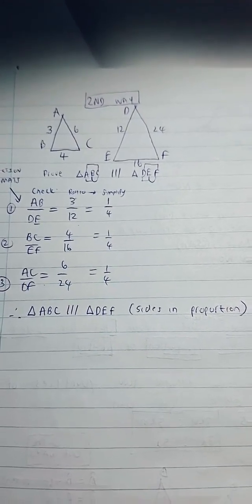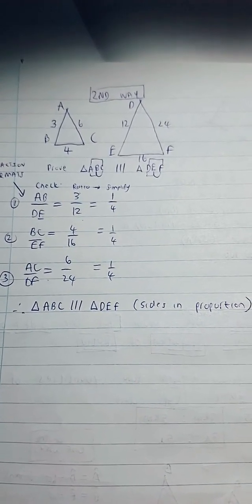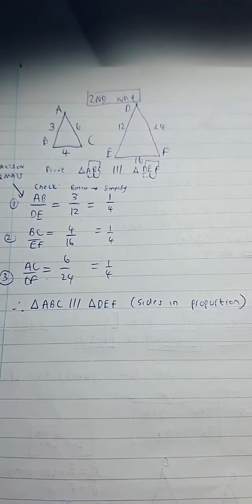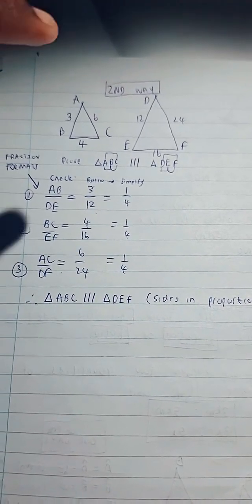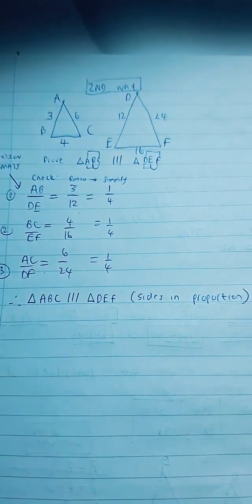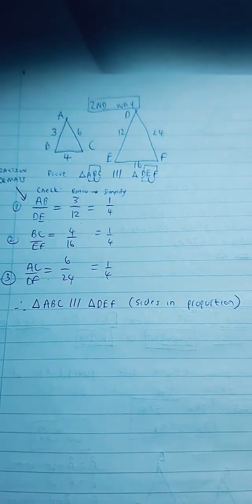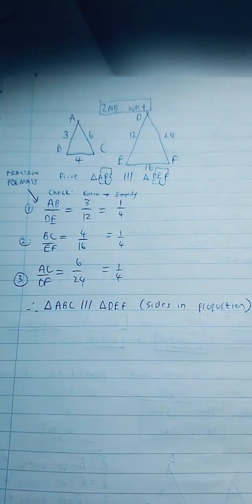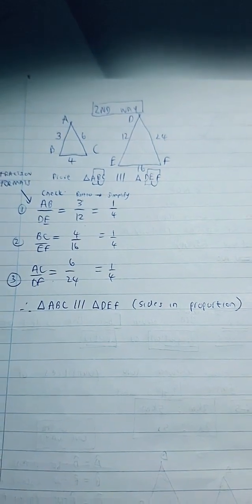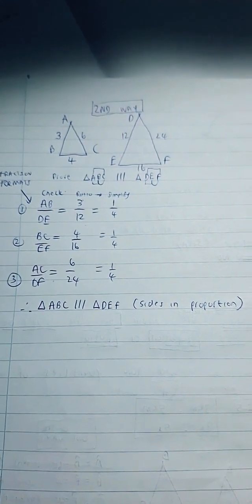So we can prove similarity of triangles using the sides being in the same proportion. Remember when I said similarity, what was the definition that I used? I said the definition for similarity is that angles respectively are equal.